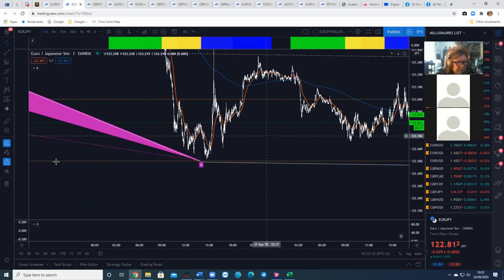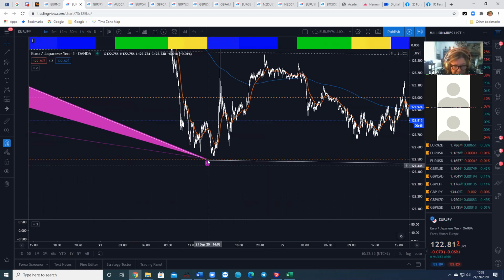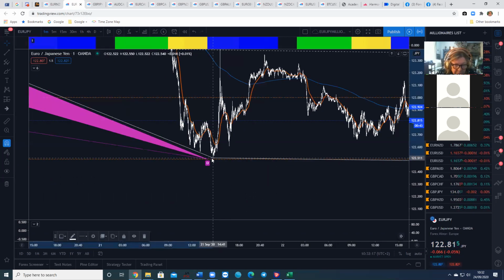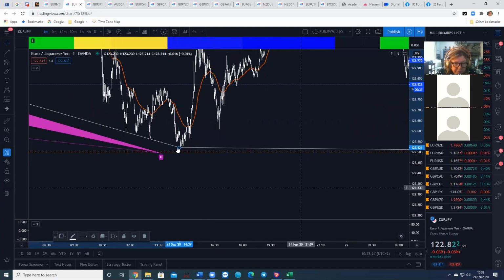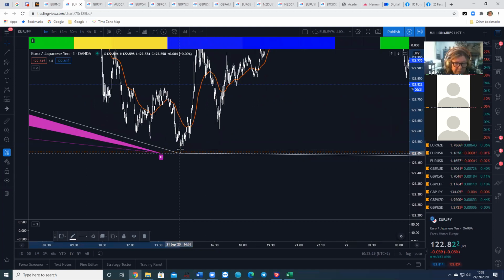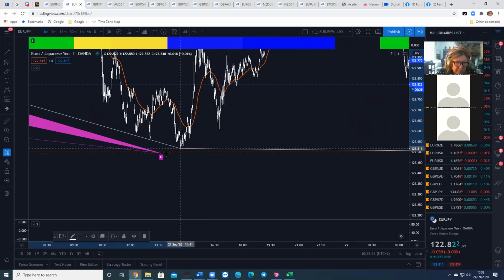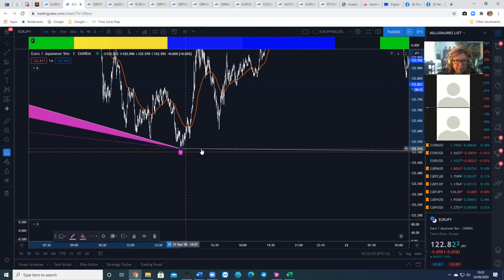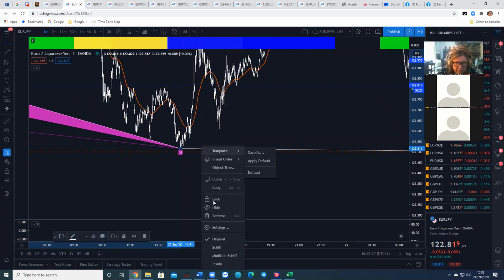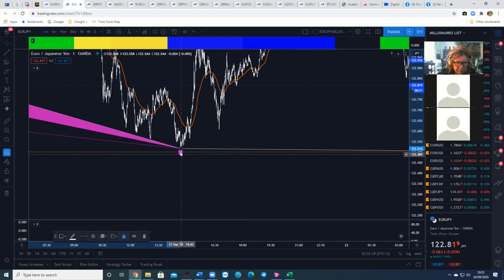So you can see it just needs to be put onto that 1 minute one there. Don't need to bother about the pink one, but I usually do. So lock those on, then they're not going to move on you.